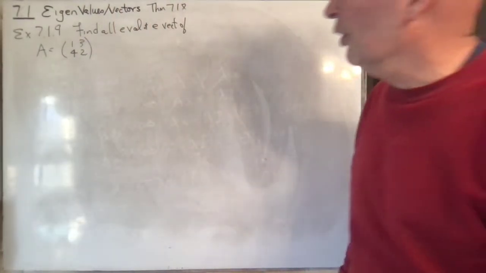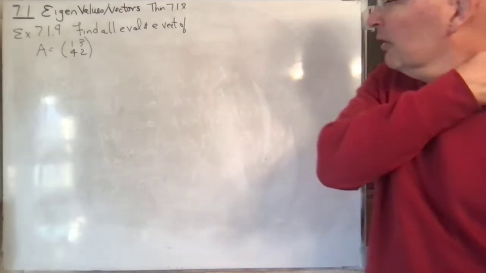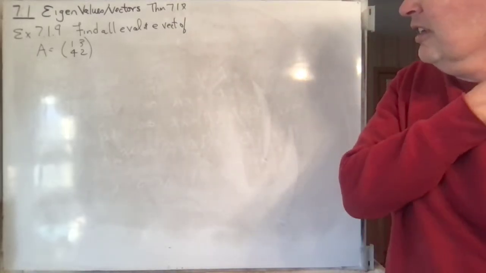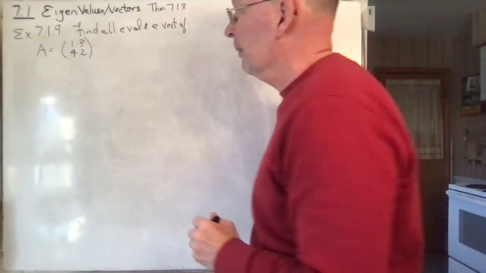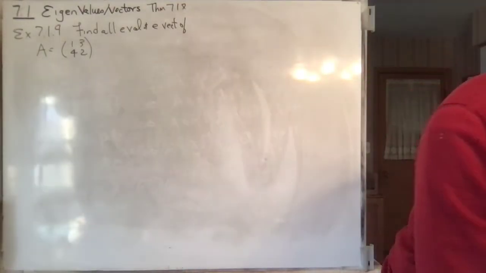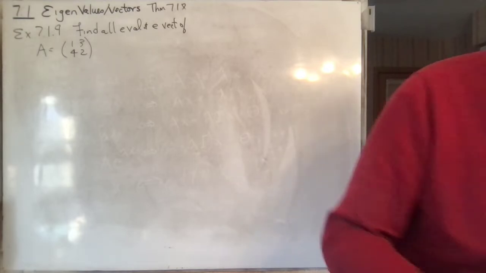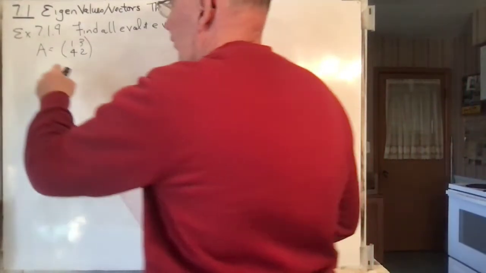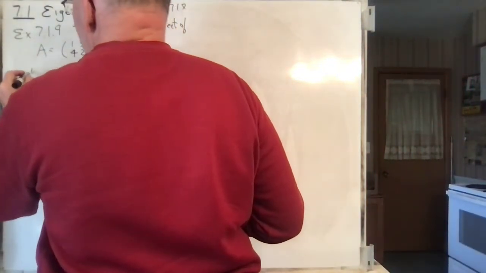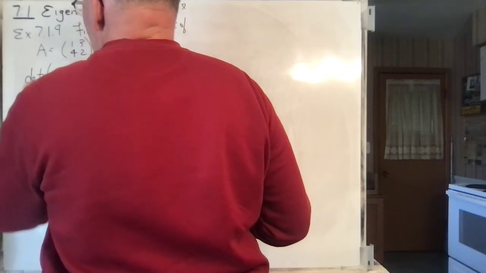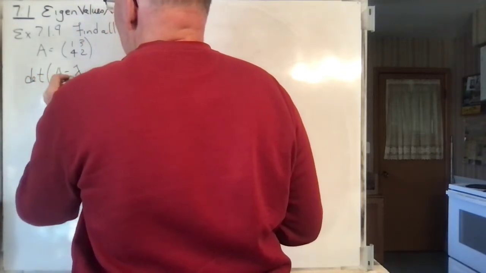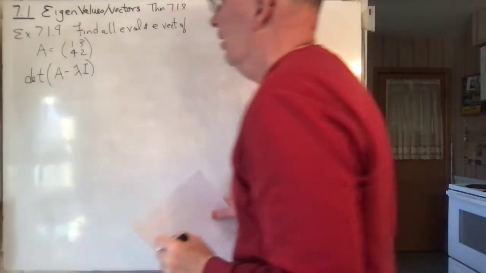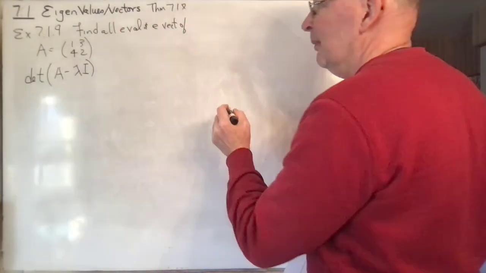Okay, so here's the method, and again I'm following along with the book, but just in case you want to see it explained rather than read it, here you go. So the first thing you do, and I'm just going to try to do it exactly the same way I have it here, is we first of all need to determine what is the determinant of A minus lambda I. Okay, now let's think about what lambda I is.